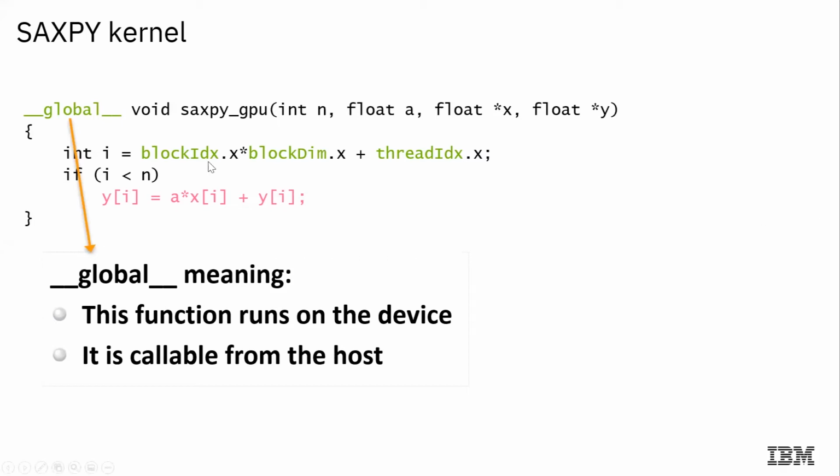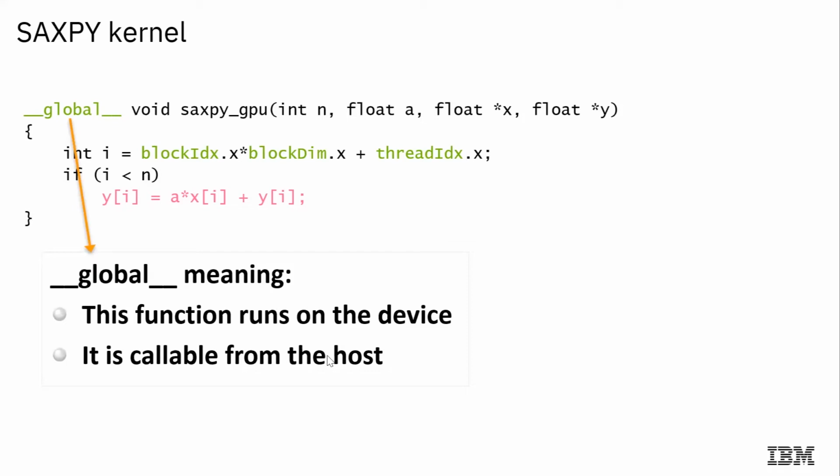So to identify myself, so the I and the portion of the problem I have to solve, I use this traditional method, blockIdx. So my block ID times the block dimension plus my thread ID. It gives me my place in the grid I have to compute, and then I do the computation of the SAXPY on my specific unit.